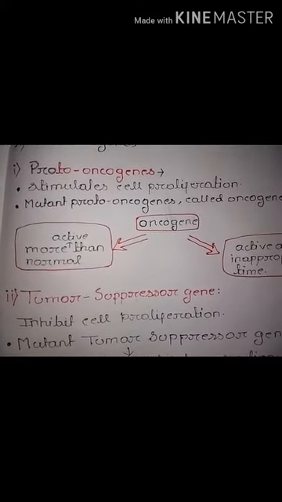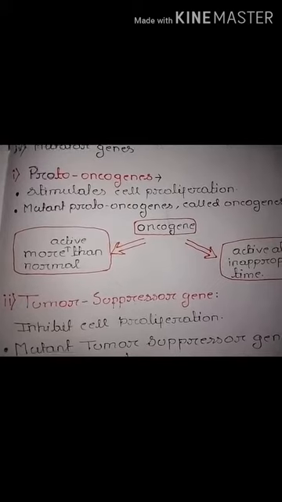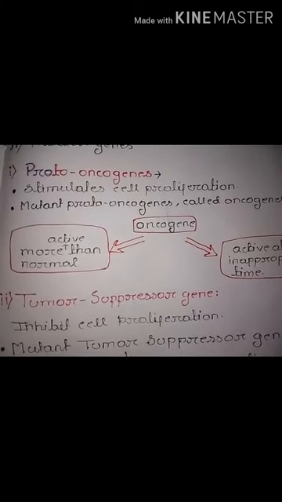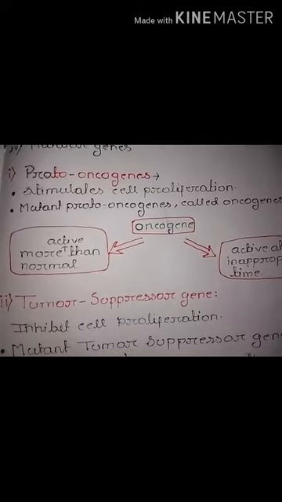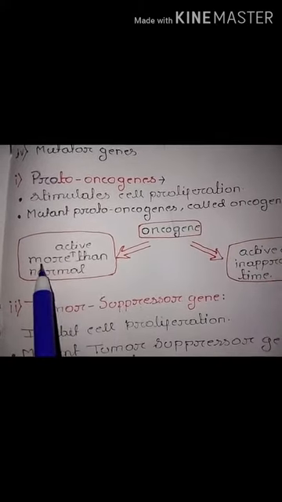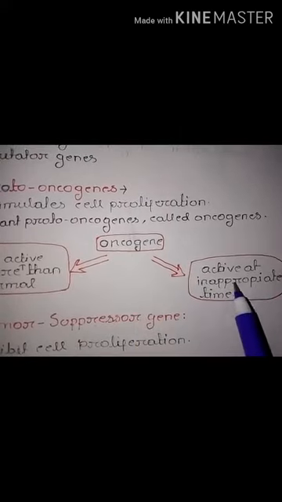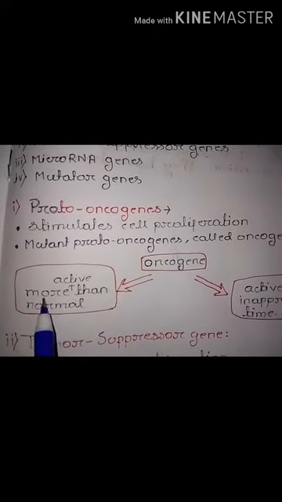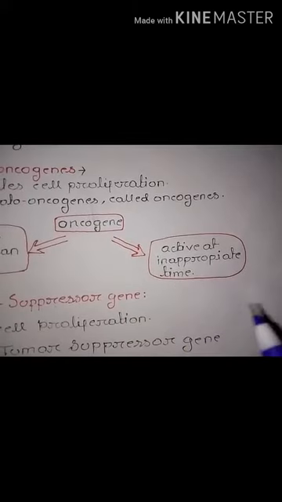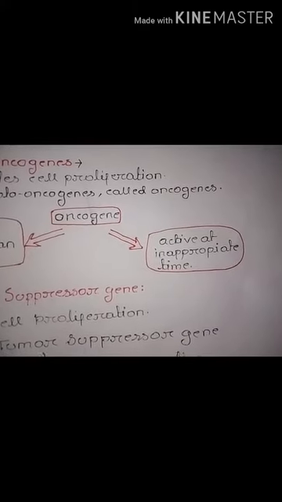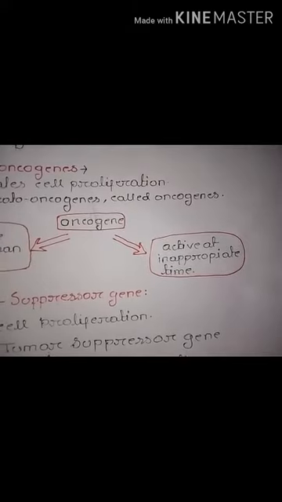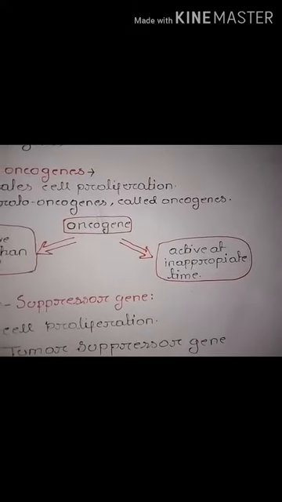It cannot produce a large amount of product. When a proto-oncogene is transformed into an oncogene, it loses its normal function, it activates more than the normal proto-oncogene, and it activates at an inappropriate time. There is no particular time at which the oncogene is activated. Maybe the oncogene is activated all the time, constitutively expressed.